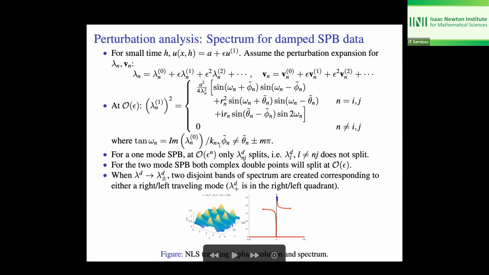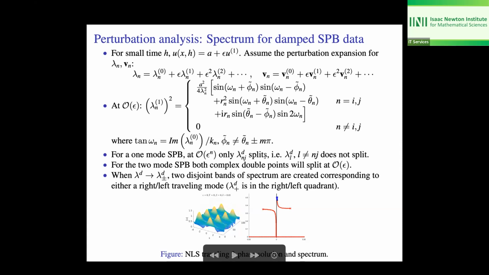And again, we have that theta n tilde is not equal to phi sub n tilde plus or minus m pi. This perturbation analysis can be carried to higher order. One of the results is that if you are examining a single mode SPB, then at order epsilon to the n, only the double point lambda sub n J will split, and all of the other double points lambda sub L, where L is not equal to n J, will not split.